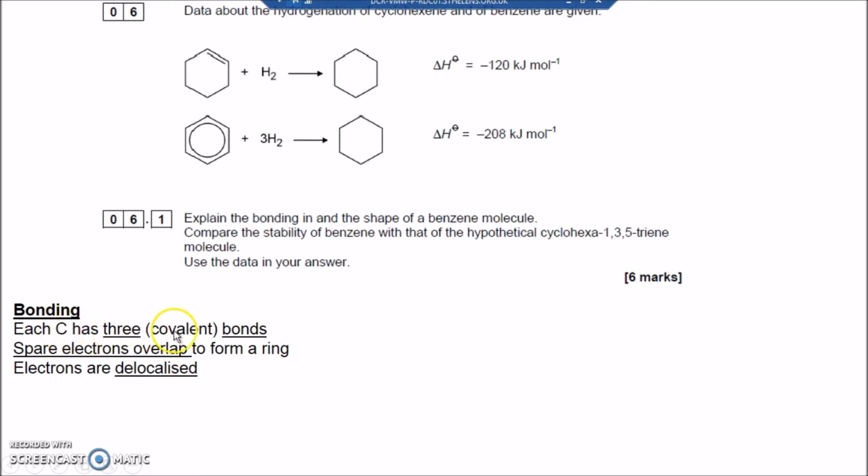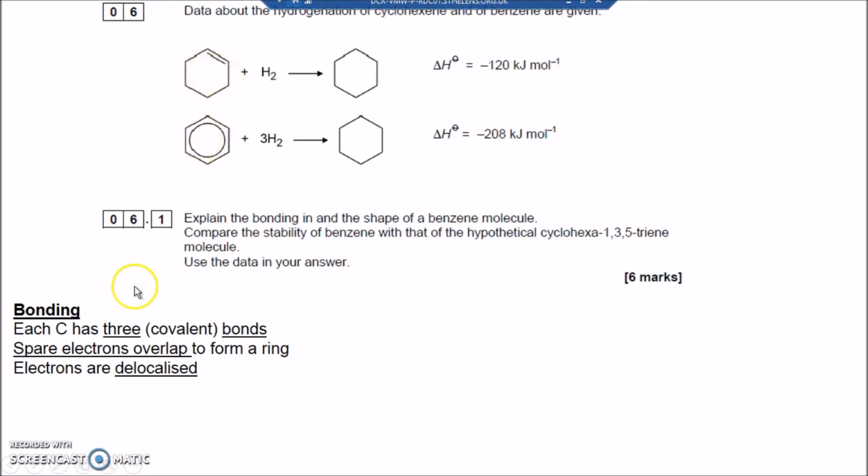Each carbon has 3 covalent bonds, to a hydrogen and to 2 other carbons, and then the fourth electron, which we call a spare electron, overlaps to form the ring. That's the best way of saying that the double and single bonds don't really exist, and that there's delocalization, some movement of electrons, so we don't get doubles and singles.